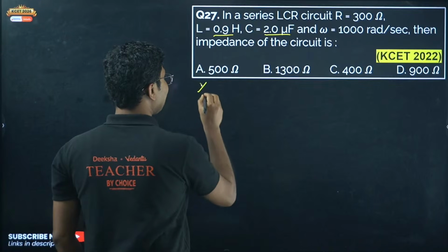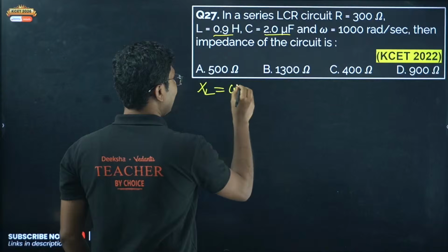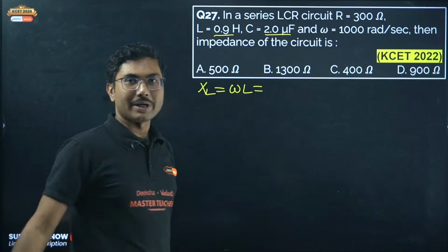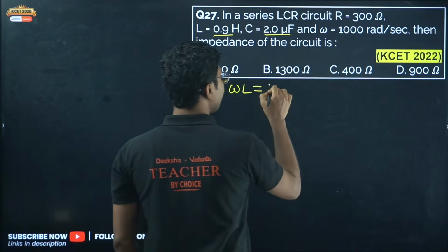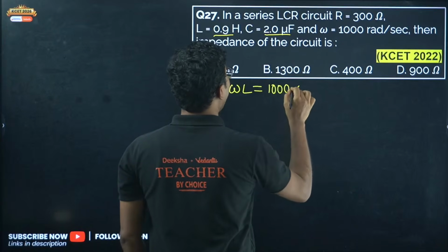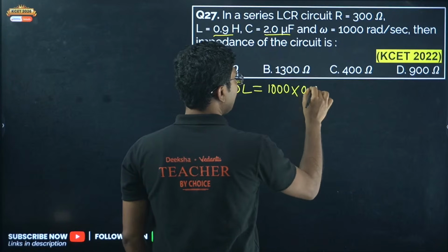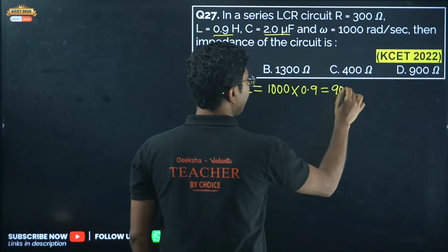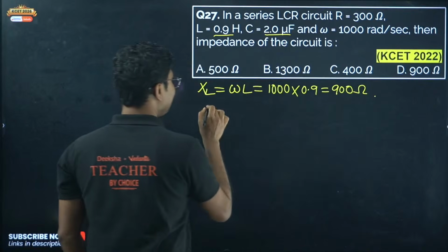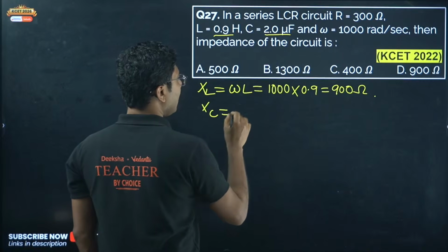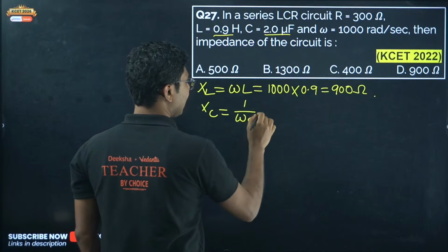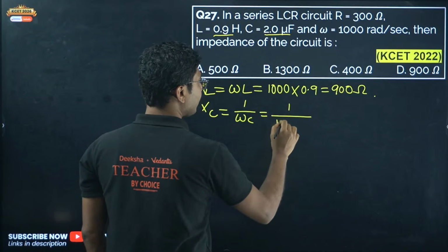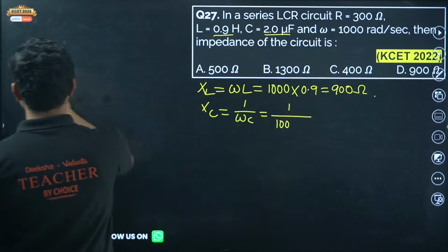So we know that XL is given by omega L, 2 pi FL or omega L. Omega is 1000 and L is 0.9, so it will be 900 ohm. What is XC? Capacitive reactance. It will be 1 by omega C, that is 1 by 1000.